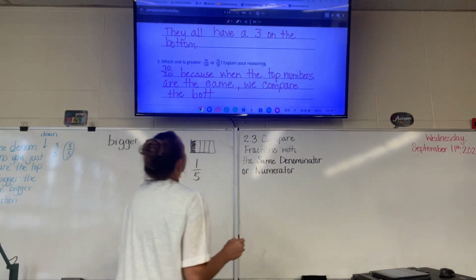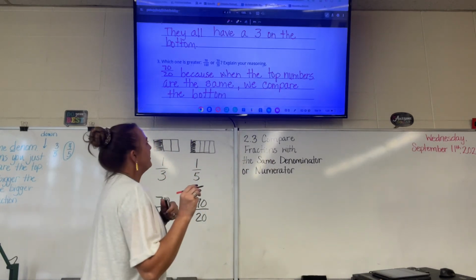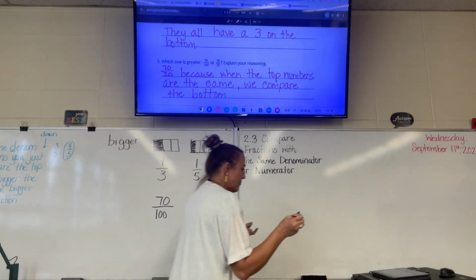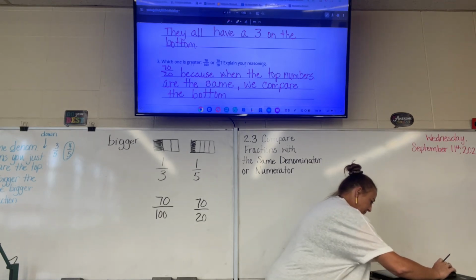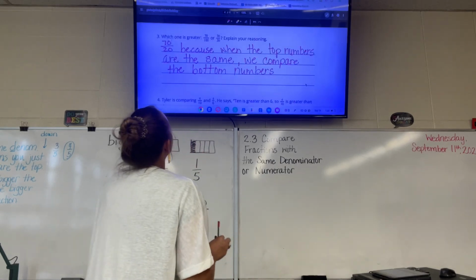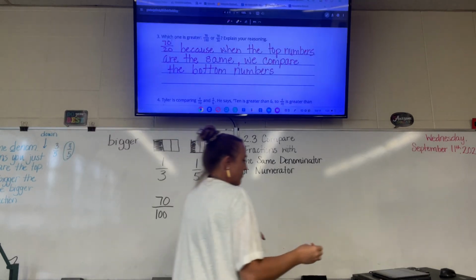My screen keeps freezing up, and so I'm having to write without it showing up. So I already wrote numbers, and it's not showing up. There it goes. Okay. Because when the top numbers are the same, we compare the bottom numbers.